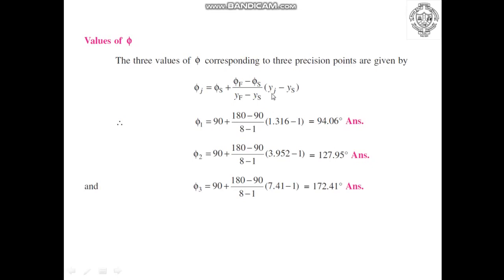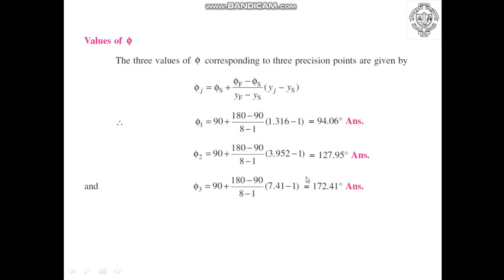The value of y1 is considered here, y2 is considered here, and y3 is considered here. So 1.316 minus 1. So the answer for phi 1 is 94.06. For phi 2 it is 127.95 degrees, and phi 3 is considered to be 172.41 degrees.